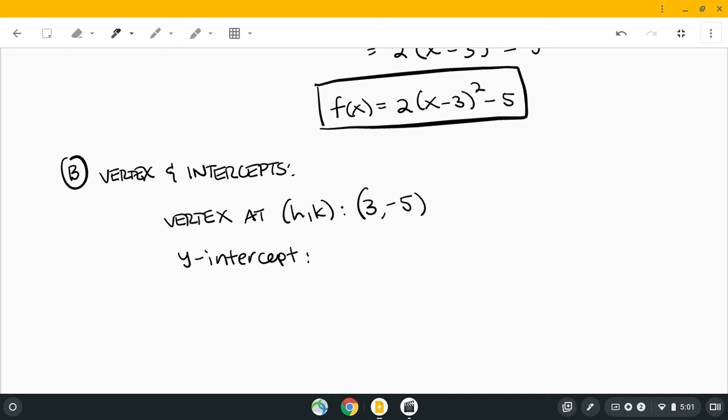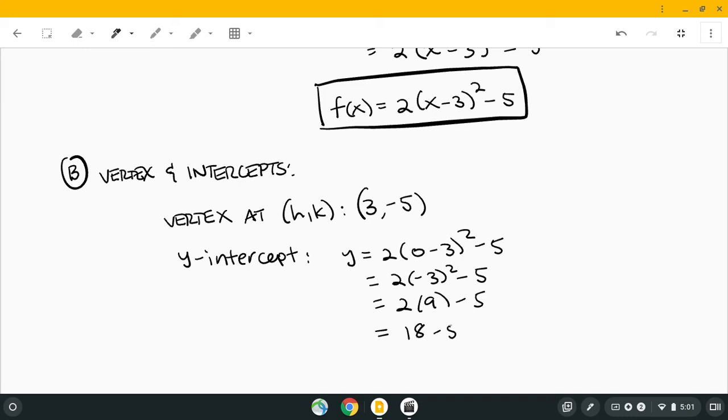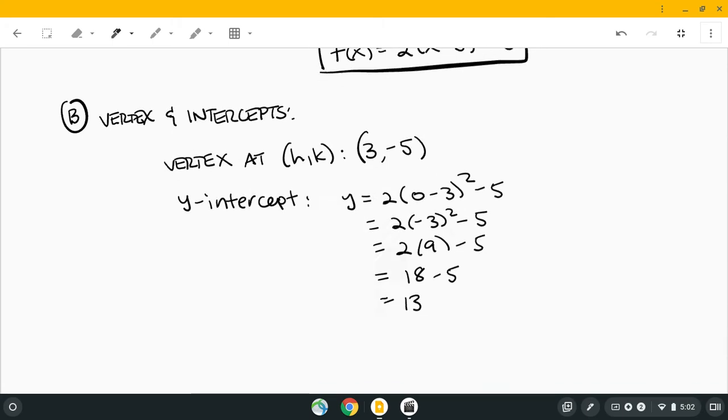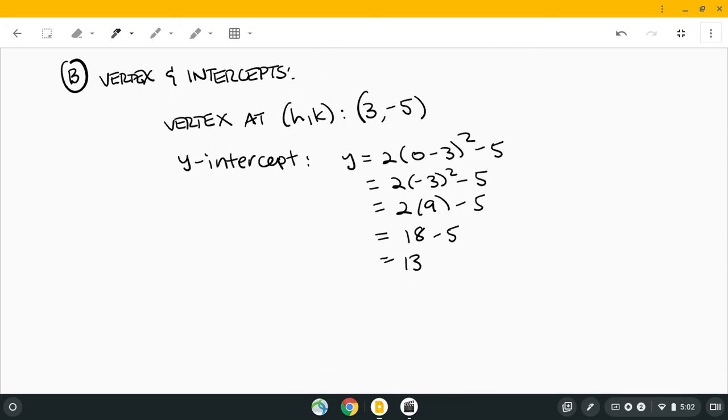So y equals 2 times (0 minus 3) squared minus 5. 2 times -3 squared minus 5. 2 times 9 minus 5. 18 minus 5. 13. Okay. So the y-intercept is at (0, 13).